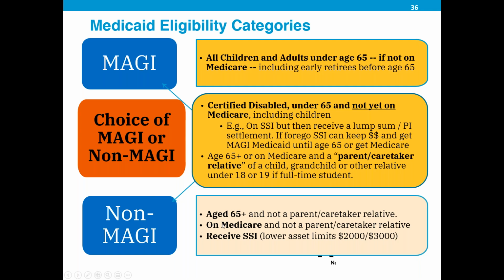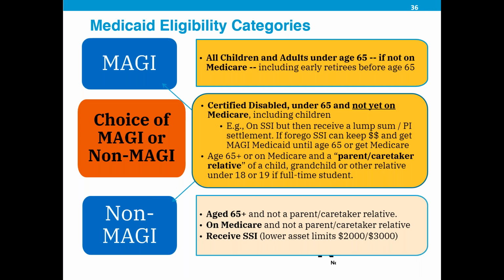The non-MAGI are age 65 and over, not caretaker relatives, or under 65 and on Medicare. And people receiving SSI are in their own special category. There's a group in the middle, the people who have a choice, and that's who we're talking about now. That's the people who are certified disabled and not yet on Medicare. They're in their 2-year waiting period for Medicare.